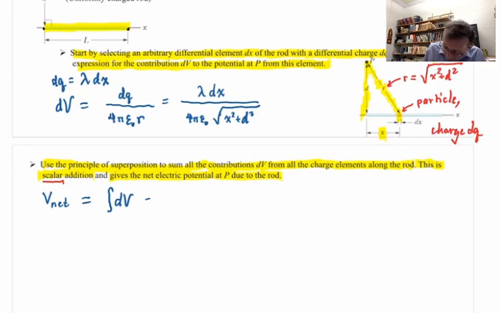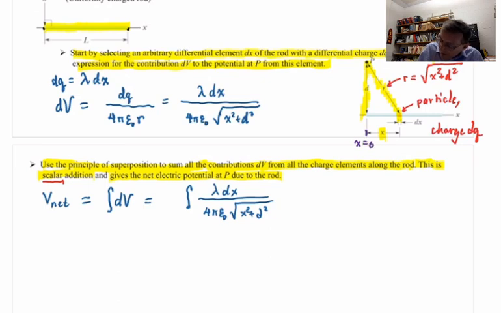And now we'll substitute our expression for dV, lambda dx over 4 pi epsilon 0 square root of x squared plus d squared, where I am to think of the variable x as ranging from, on the far left end, x equals 0, and on the far right end, x is equal to L, the length of the rod. So on my integral over dx, the lower limit will be x equals 0, and the upper limit will be x equals L. Now I've got to figure out what I can bring out front of the integral.